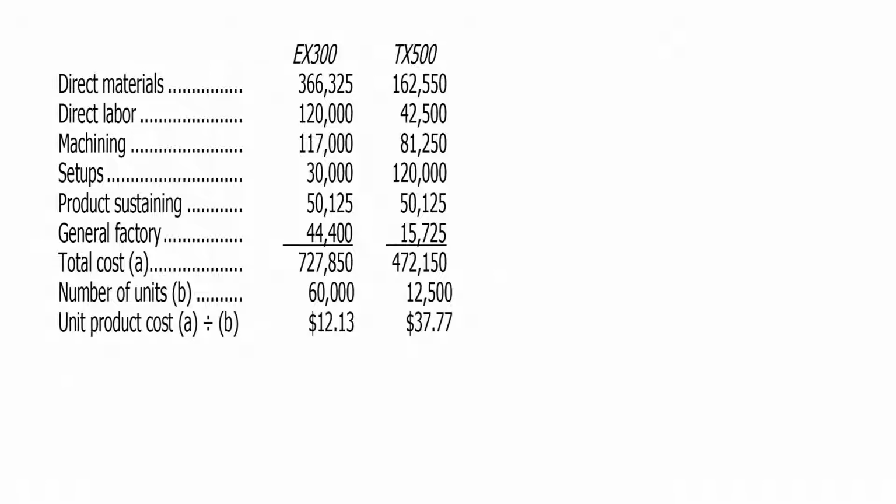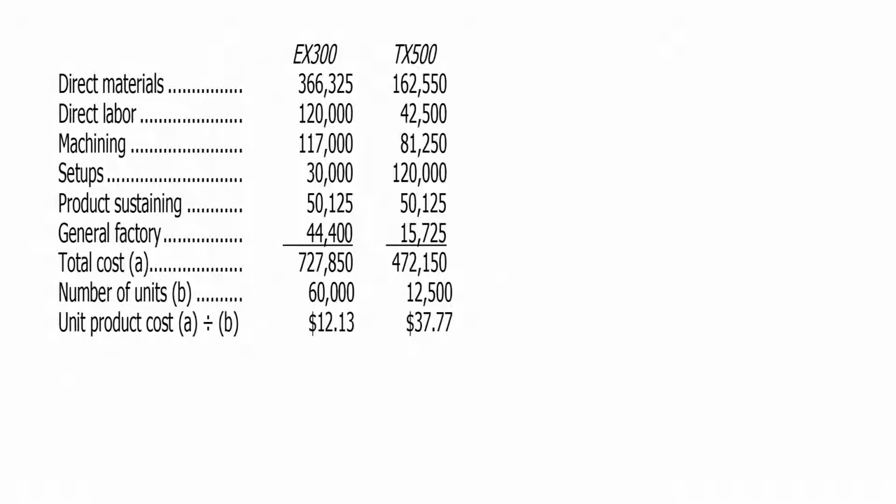Direct materials and direct labor costs are already given. The machining. We're going to take the number of hours the machine is used, 62,500, times that predetermined rate we just figured out, $1.30 per machine hour, gives us $81,250 allocated to the machining activity for the TX500.